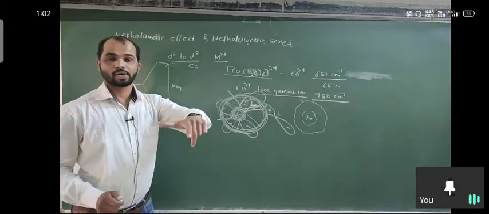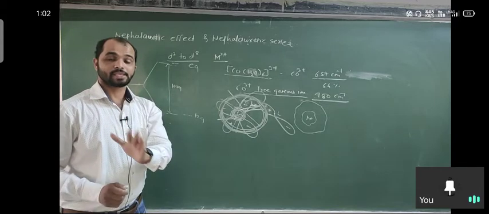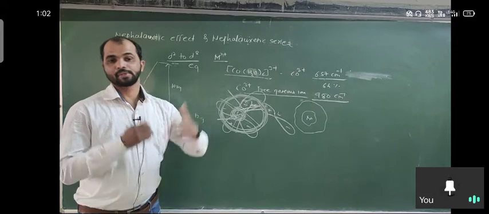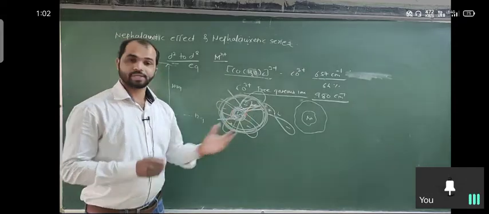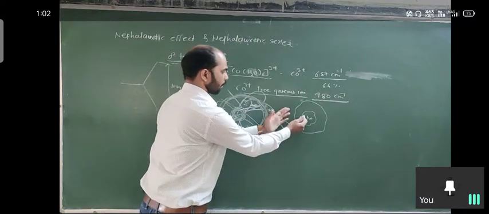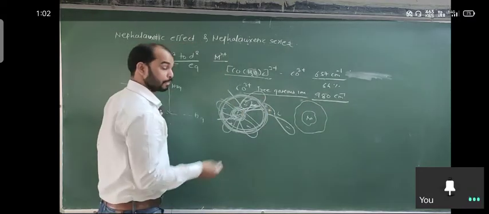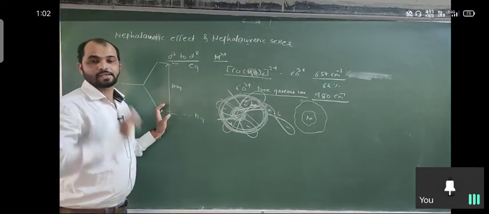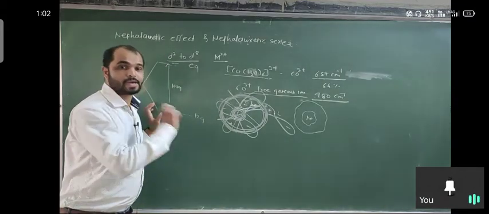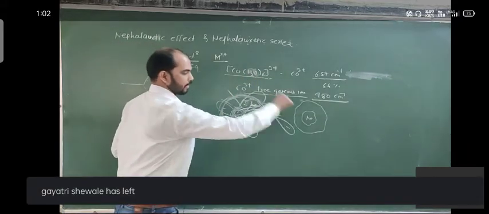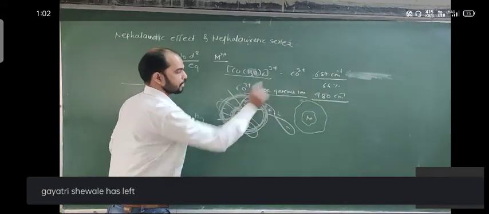This delocalization happens when there is partial overlapping. If there is no overlapping, there is no cloud expansion, because the ligand orbitals and metal orbitals are away from each other. But actually it is clearly seen there is some partial overlapping between the metal orbitals and ligand orbitals. Due to this, expansion is possible.